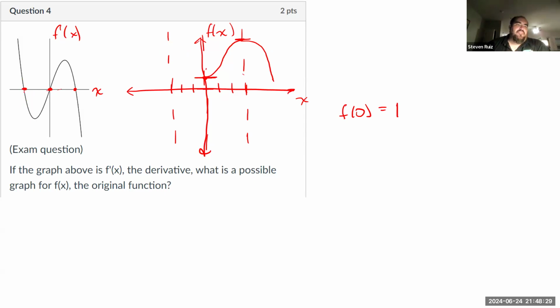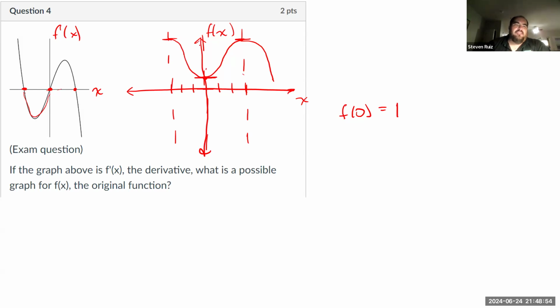The derivative is negative everywhere between those 2 points. So what does that mean the function has to be doing between those points? It has to be decreasing. So if the function is decreasing from right to left, I believe it's going to look like this. Basically, I think I'm going to have symmetry over the y-axis here.